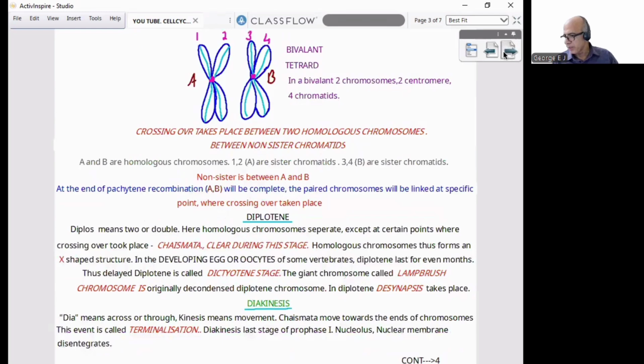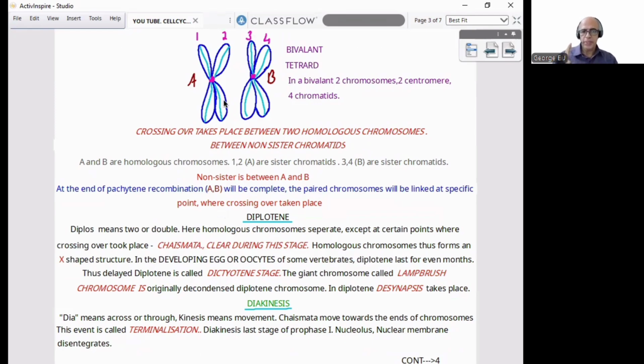Now we can continue with crossing over. So again, paired chromosomes, bivalent, synapsis or syndesis: A has sister chromatids 1 and 2, and B has sister chromatids 3 and 4. So it is a bivalent, a tetrad: 2 chromosomes, 2 centromeres, 4 chromatids.